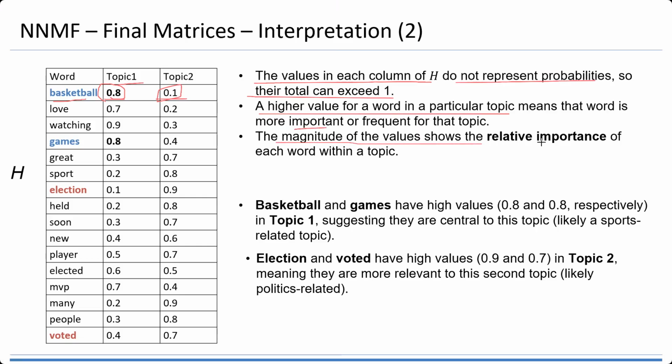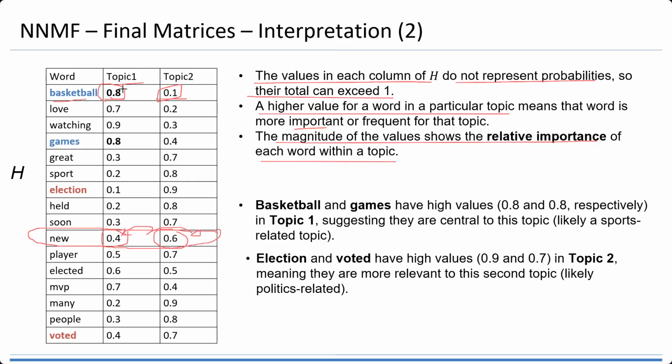And the magnitude of the value shows the relative importance of the word within its topic. If you look at some word like this one, new, 0.4 and 0.6, those are a little bit confusing, whether it is more on topic 1 or topic 2.